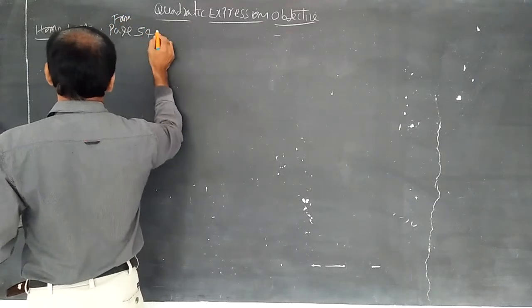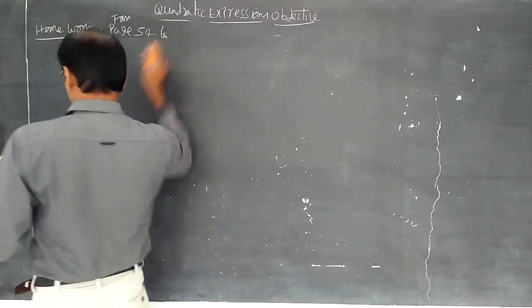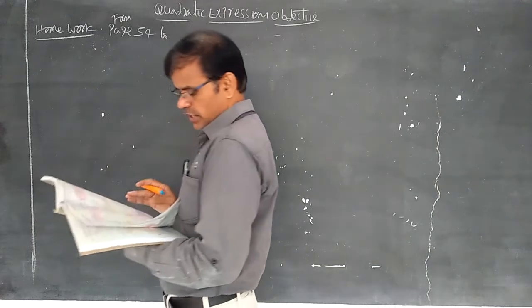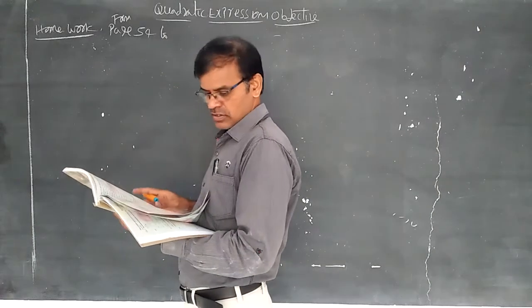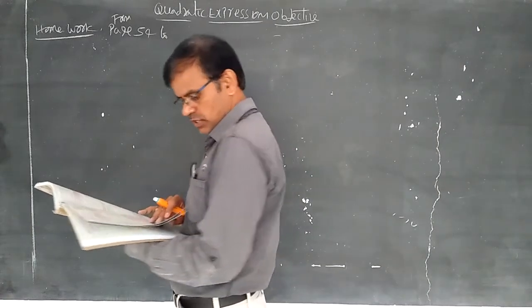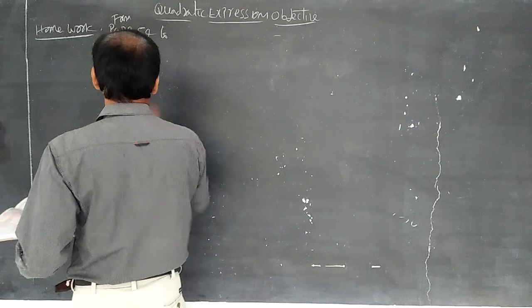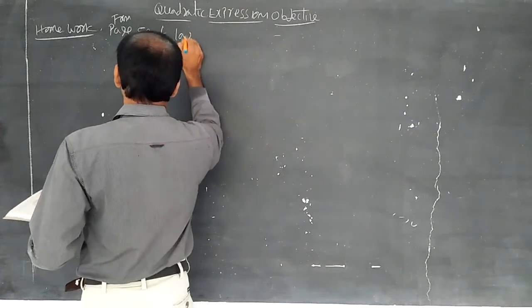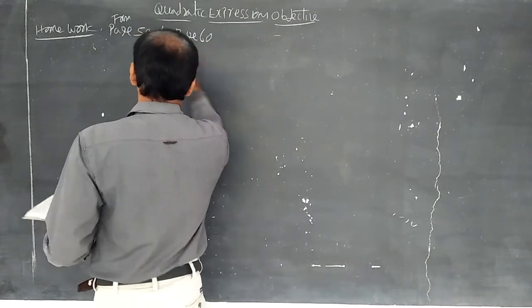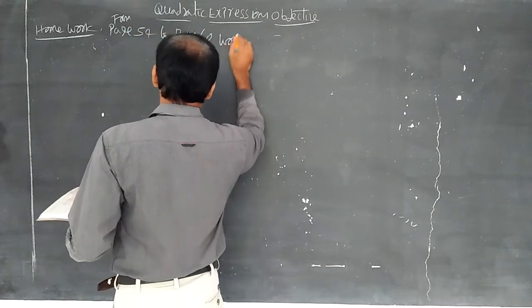From page 50 to page 60, total I think 23 examples are given. You do the worked examples.